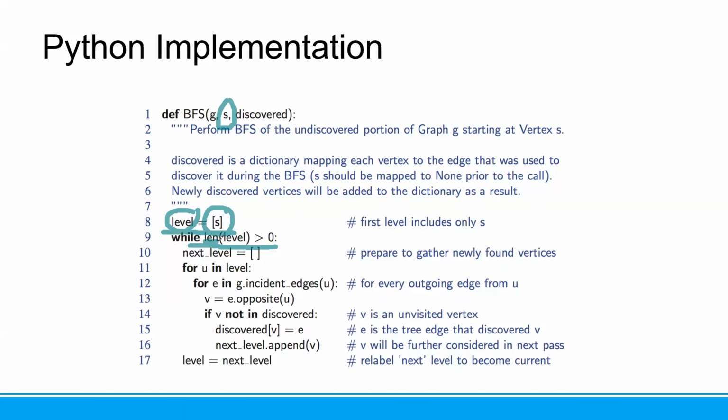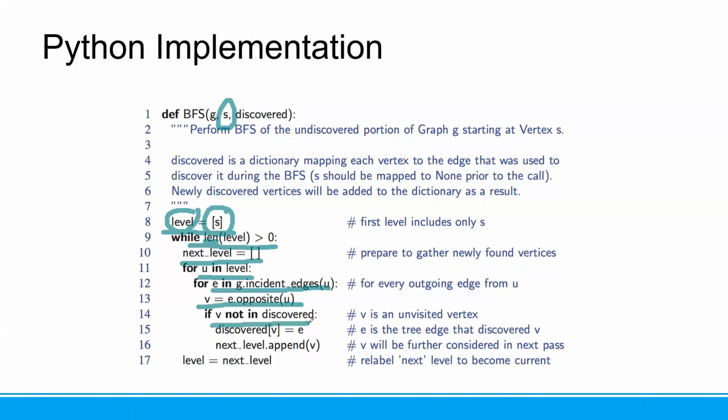But if there is an element, you do the loop. The next level will be empty. For every U in the level, we check the incident edges and then the opposite.